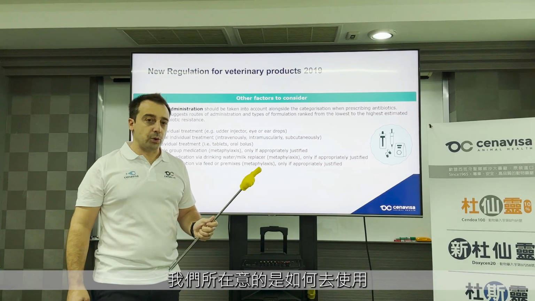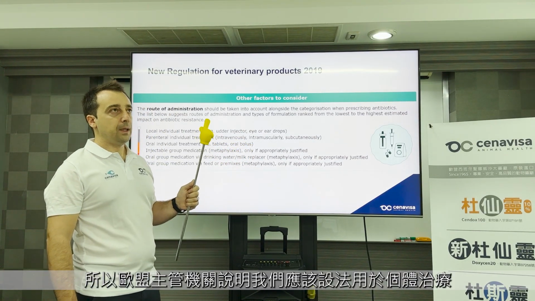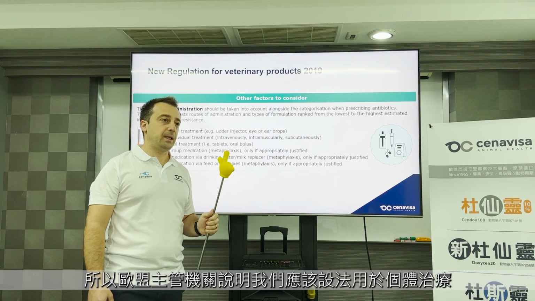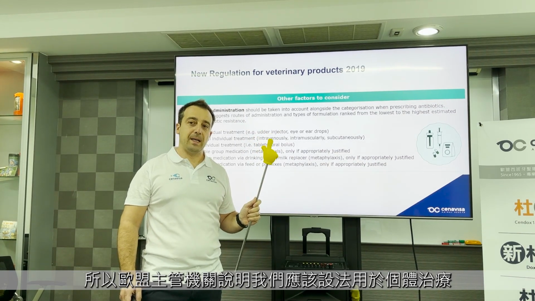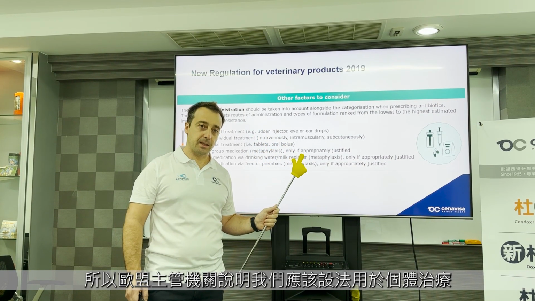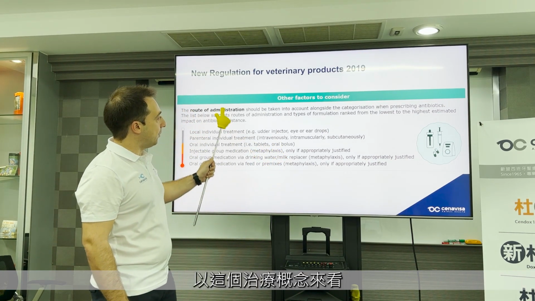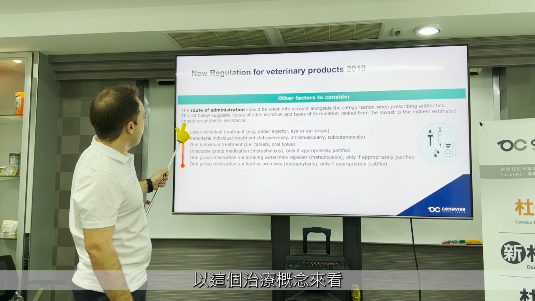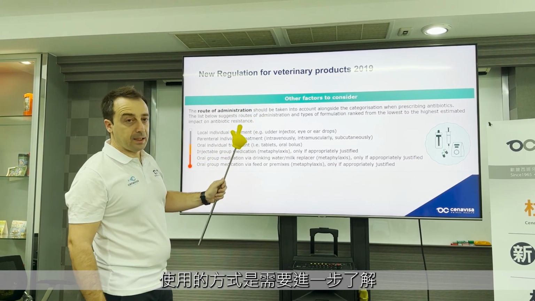Other factors to consider are the way to use it. The European authorities are saying that we have to try to make individual treatments first, then group treatments. So following this idea, the route of administration should be taken into account.